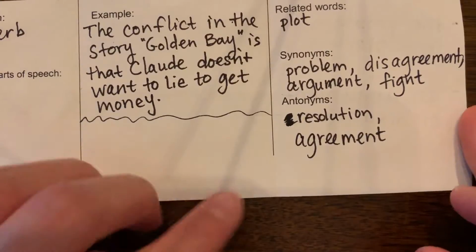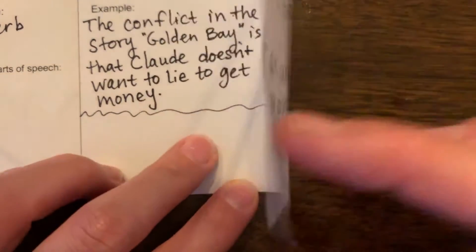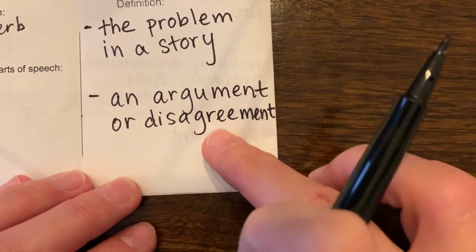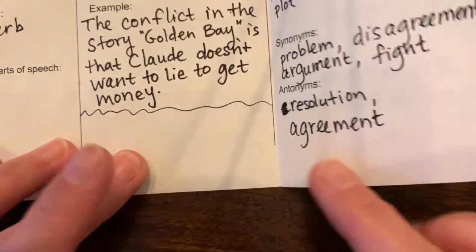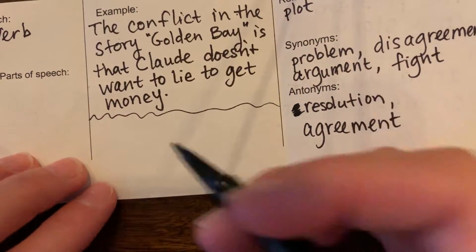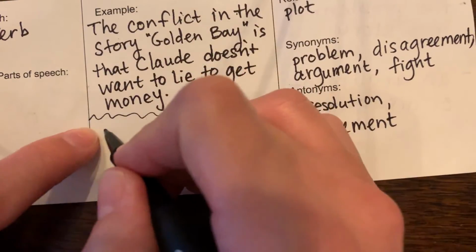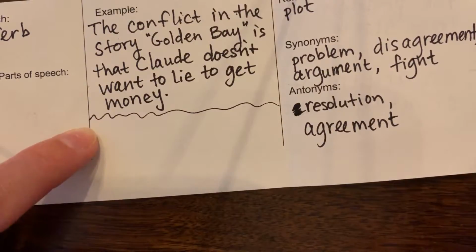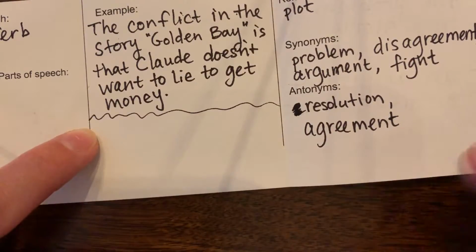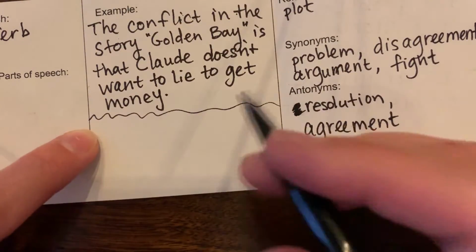And let's look at the second definition, which would be an argument or disagreement. Okay. Let's give an example that maybe you can complete to make it something from your own life.